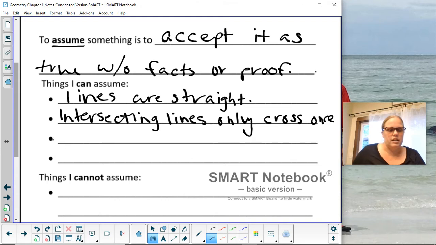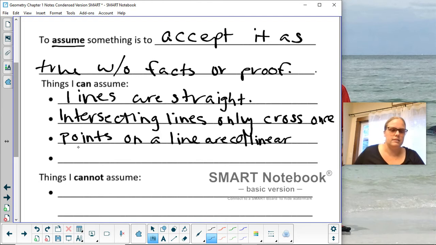All right, the third thing is if you do have a line, all the points that are on that line are collinear, meaning they're all going in that same direction. And then the same idea there is if you have points on a plane, they're all coplanar unless they specifically state otherwise.